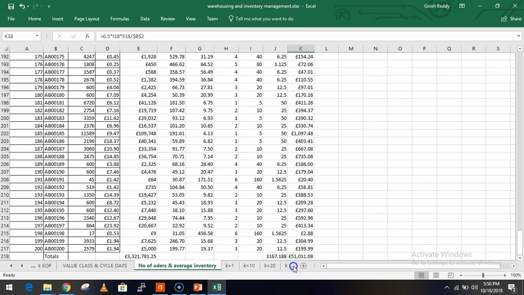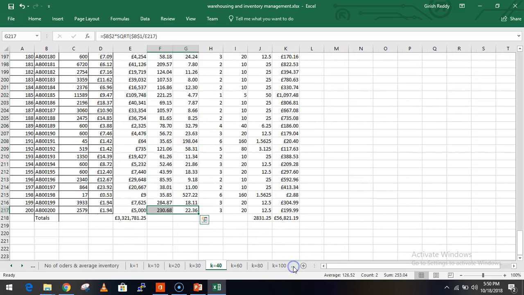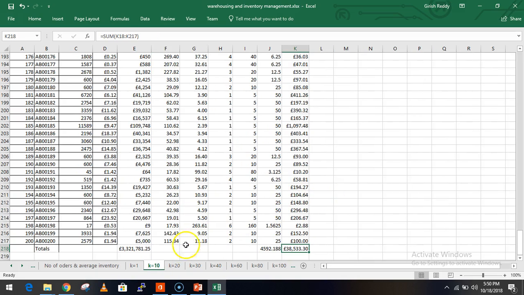Now you have to calculate the values for different K values. I calculated for K 20, 30, 40, 60, 80 and 100. For K equal to 10, these are the values that I got for number of orders and average inventory.